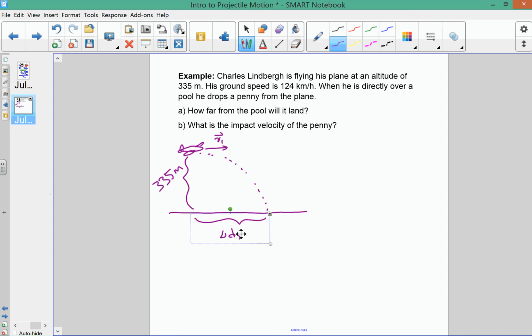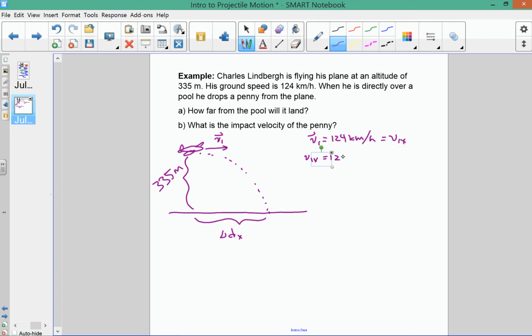We don't know yet. Here's what we do know. V1 is 124 kilometers per hour, which is our initial x velocity. Here's a red flag though. Kilometers per hour doesn't match this other unit we're given. So why don't we convert kilometers per hour to meters per second?